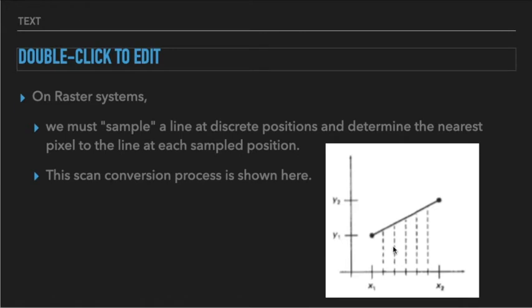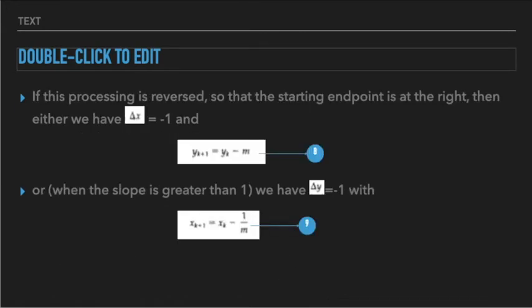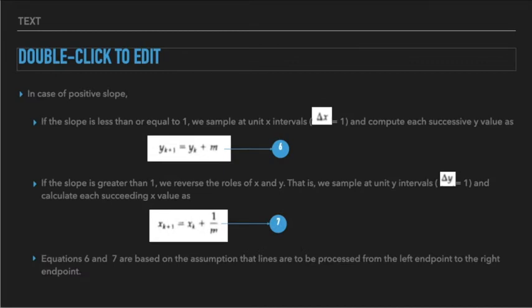In case of positive slope, if the slope is less than or equal to 1, we sample the unit x intervals and compute each successive y value as yk plus 1 equals yk plus m. That is, if the value of m is between 0 and 1, then we sample the x coordinates at unit intervals.